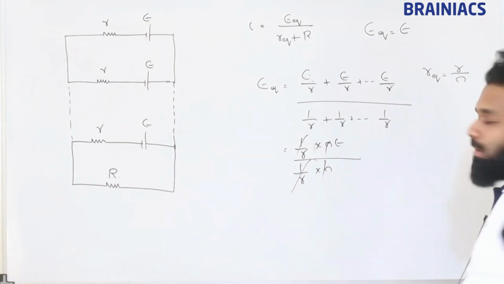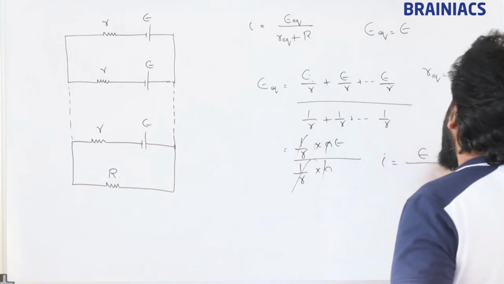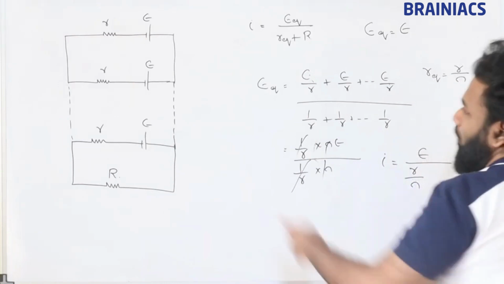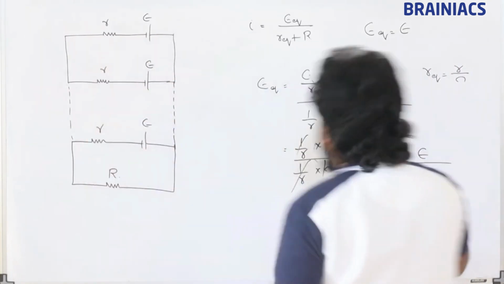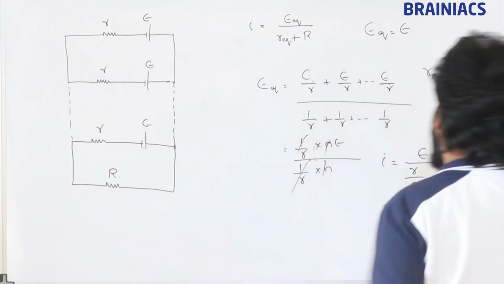R by N. So if we try to find the current value, this is going to be E divided by R equivalent, which is R by N. If we connect N equal resistances, that is nothing but R by N. 2 resistances give R by 2, 3 resistances give R by 3.